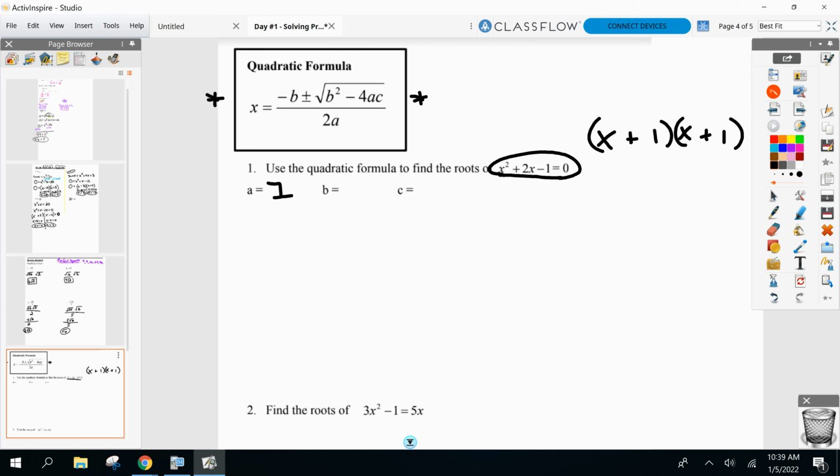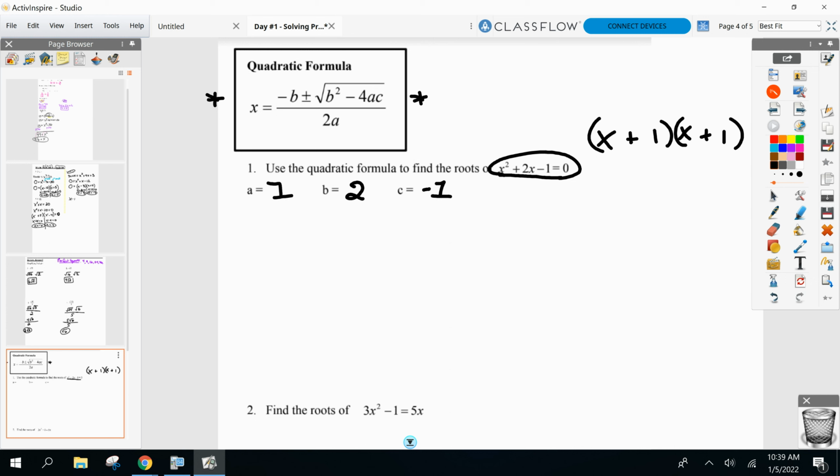What's the number in front of my x term here? +2. And my C value is the number without a variable, which would be -1. The sign travels with it. So the first thing you want to do when you're going to use the quadratic formula is find my A, my B, and my C. Now it's plug and chug.